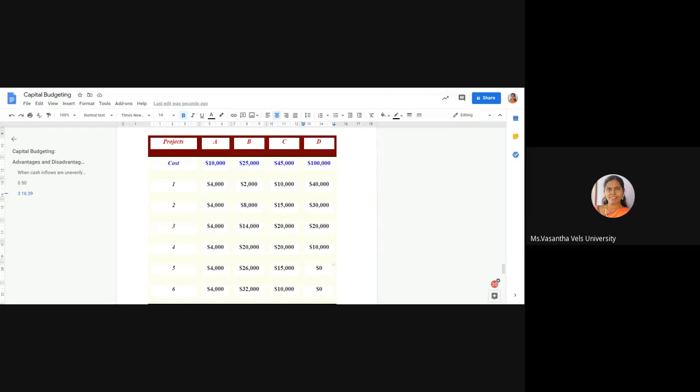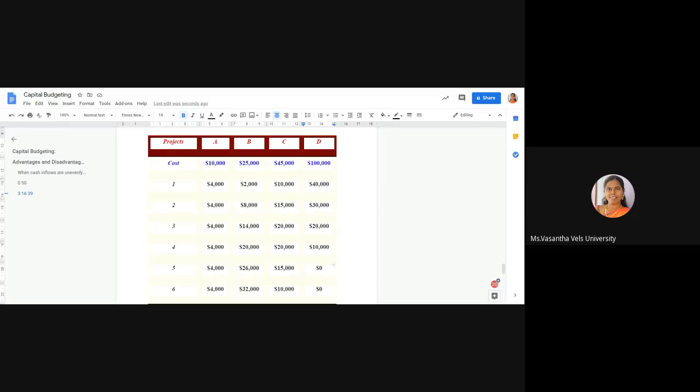Then, if you take the second project B, project B's are uneven. Here also D also uneven. So in case of project A, in order to recover the initial investment, divided by average cash inflow.